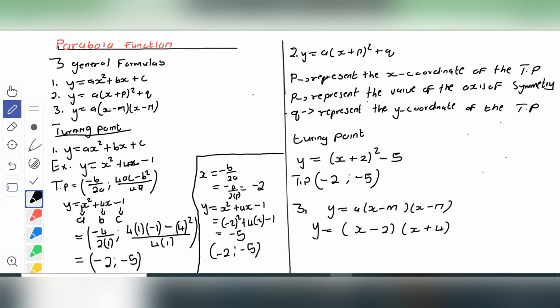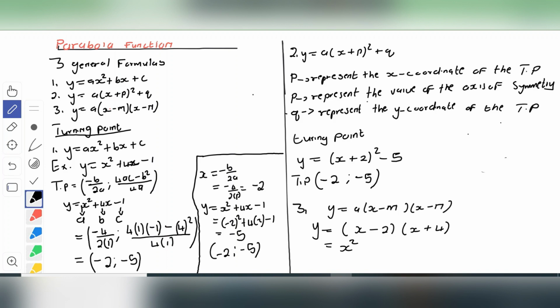If you are given an equation like this, the first thing that you do is remove the brackets. How do you remove the brackets? Obviously by the FOIL method. x multiplied by x gives us x squared.